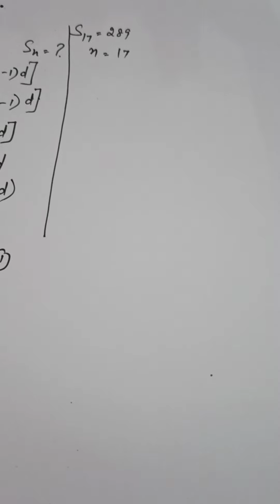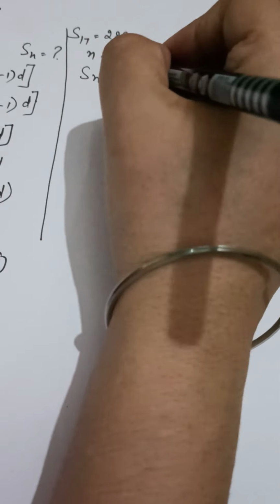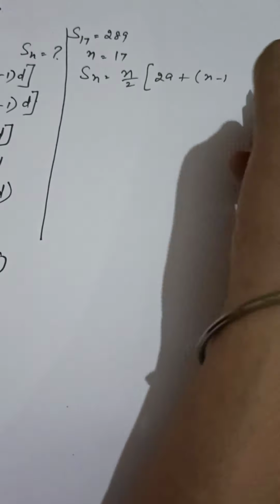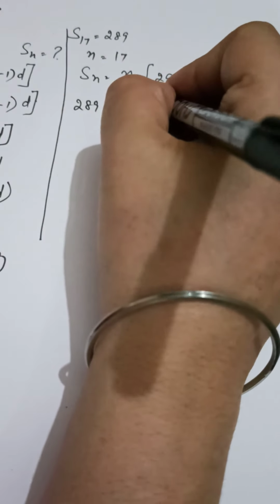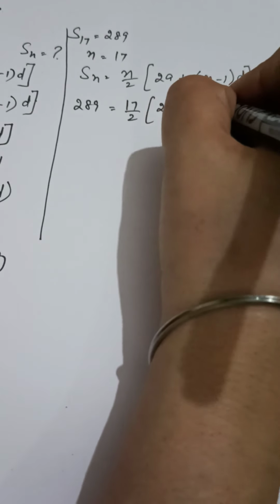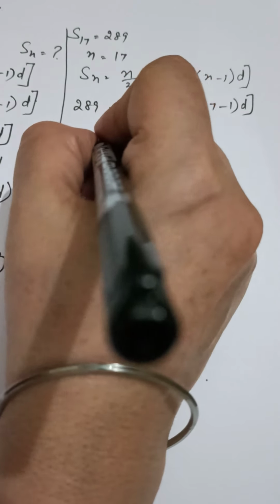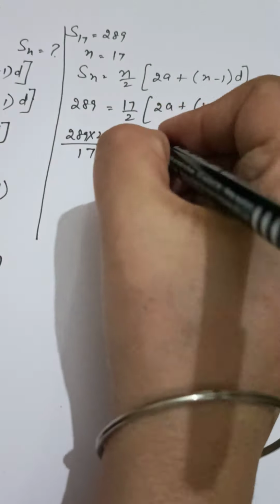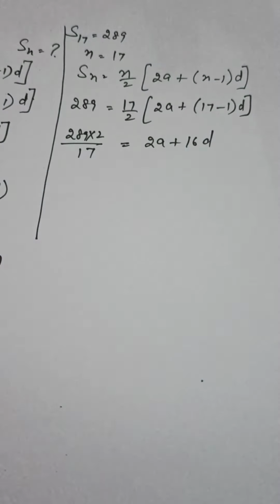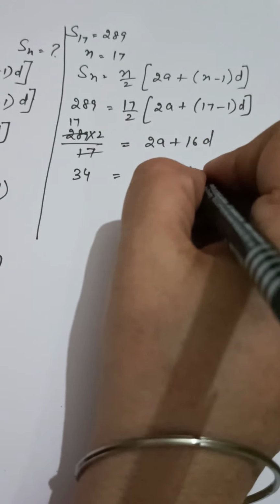Now move to the second equation. N is equal to 17, so Sn is equal to n upon 2, 2a plus n minus 1 into d. 289 is equal to 17 upon 2, 2a plus 17 minus 1 into d. 17 upon 2 moves to the left hand side, so 289 multiplied by 2 upon 17 equals 2a plus 16d. 17 17s are 289.